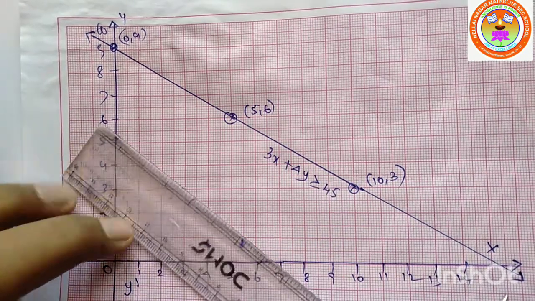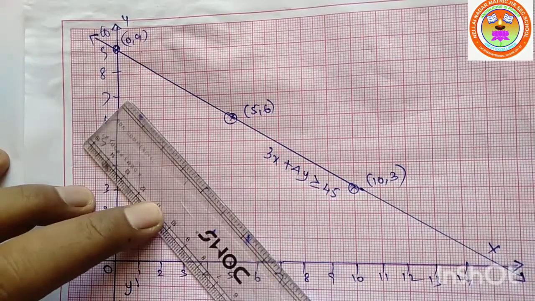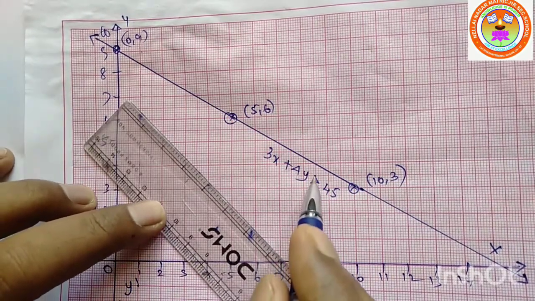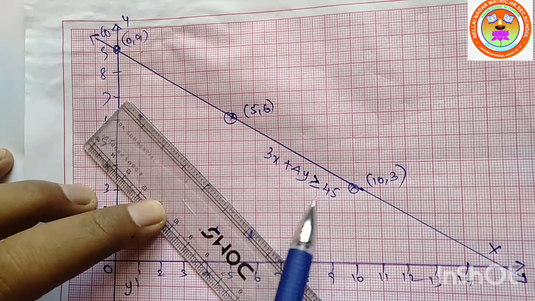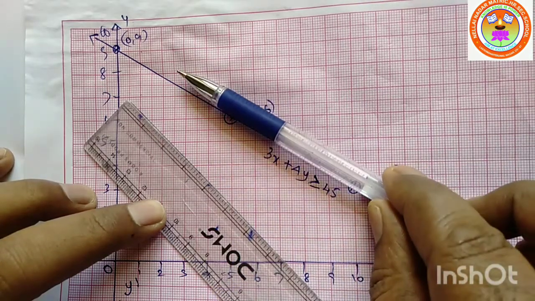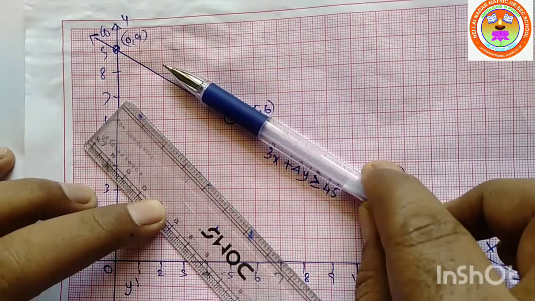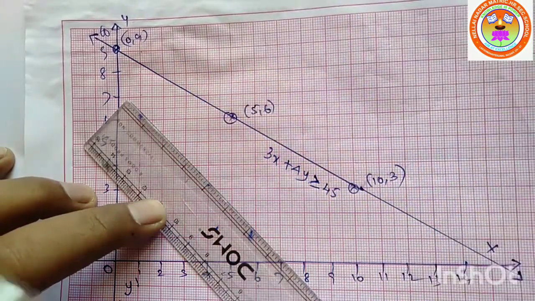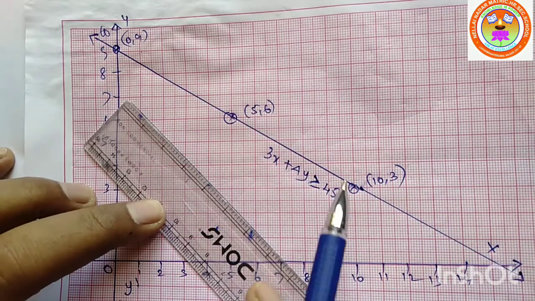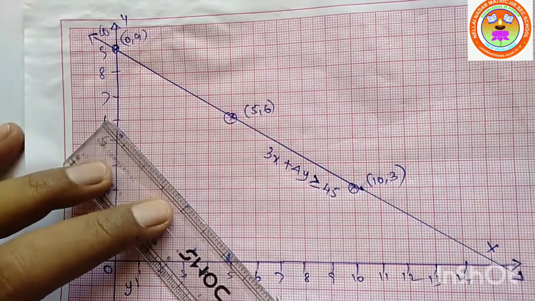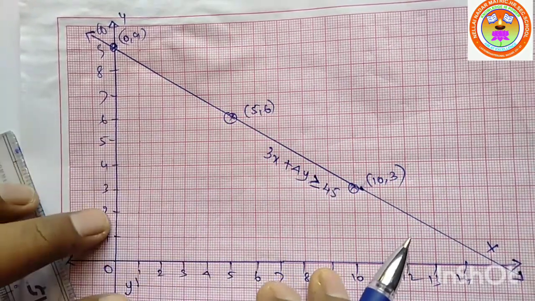Already I said, if it is greater than or equal to, that means the region represented by this inequality is the right side of the straight line. Or we can use the second condition. What is the second condition? We can use some values.